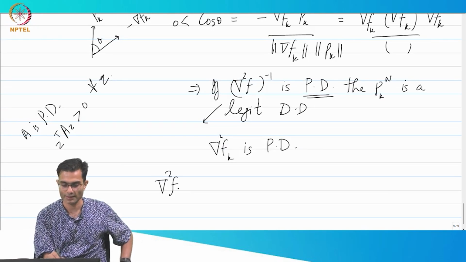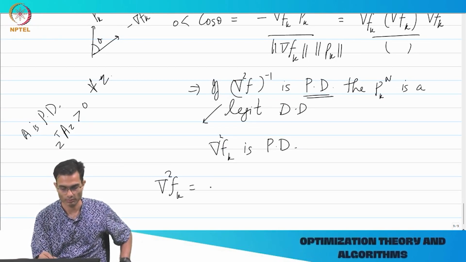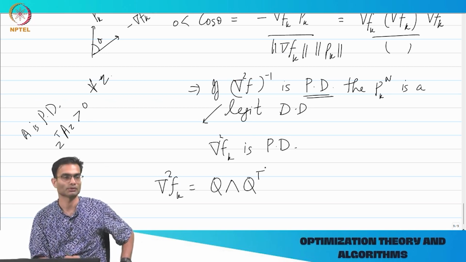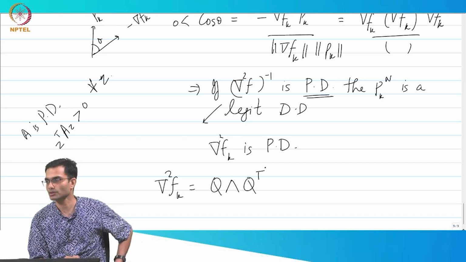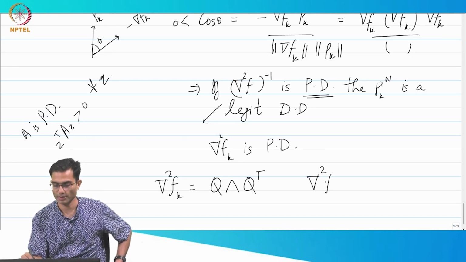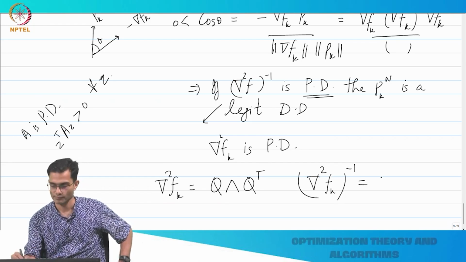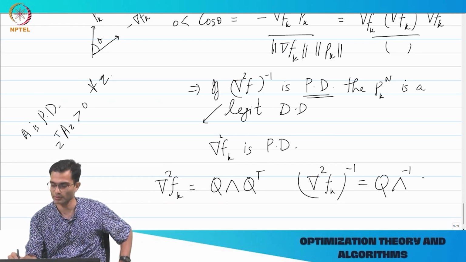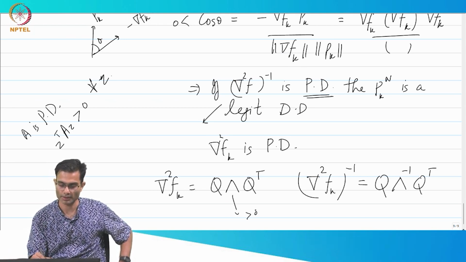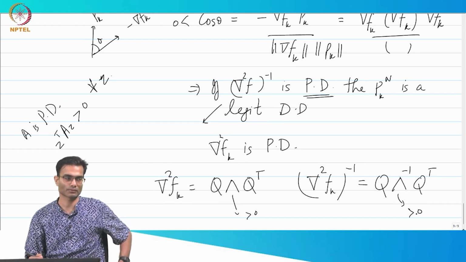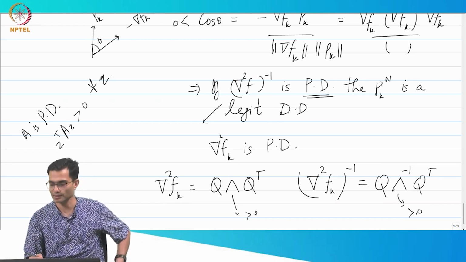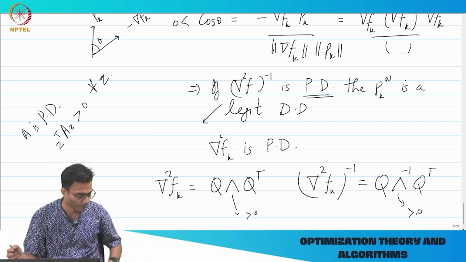So if I write this as Q lambda Q transpose, where Q are orthogonal vectors, what is going to be this inverse? Q is going to come here, lambda is going to get inverted, then Q transpose. These are greater than 0 diagonal values. These are also therefore greater than 0 diagonal values, right? So again, linear algebra over here.